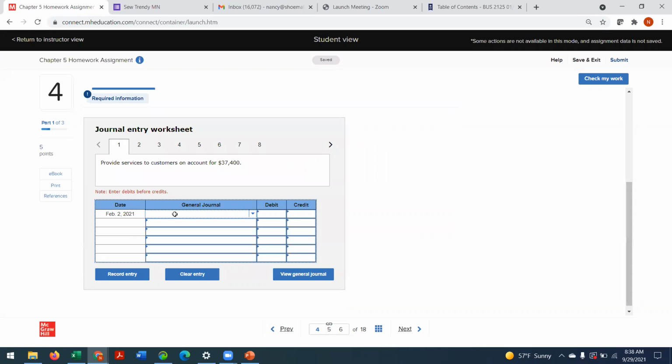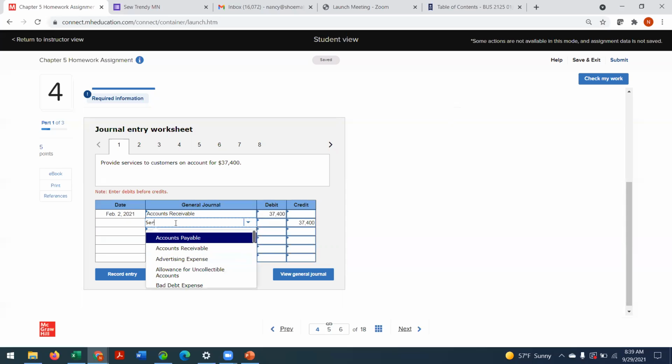Can anyone say what we're going to record here on the journal entries? We know it's $37,400, but what are we going to record? What accounts are we going to use? Anyone? Accounts receivable and service revenue. Awesome. Yes. Accounts receivable.